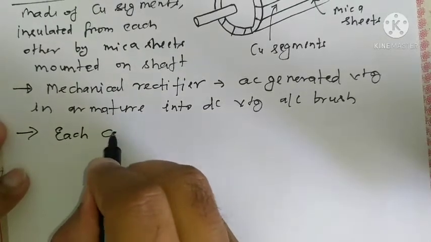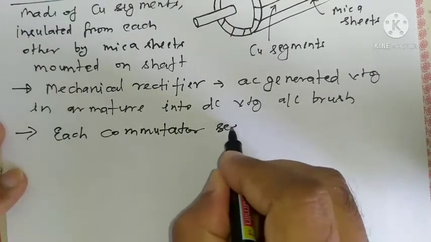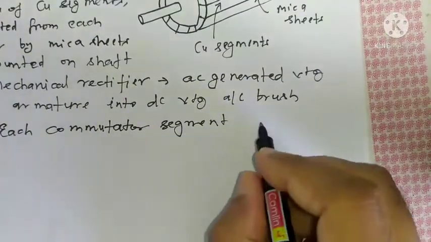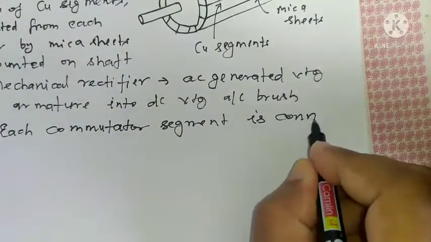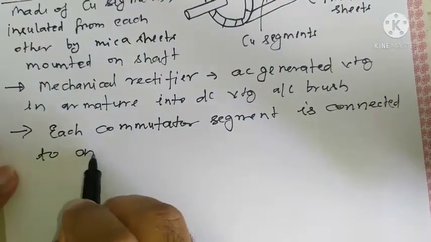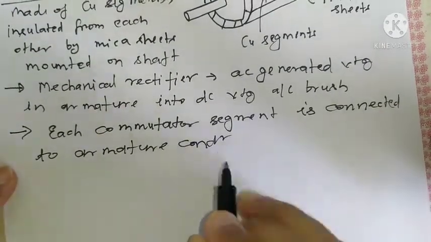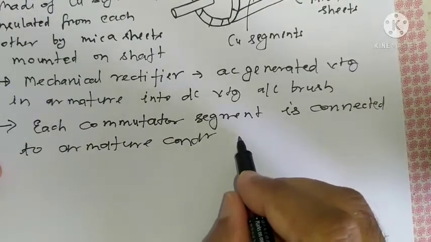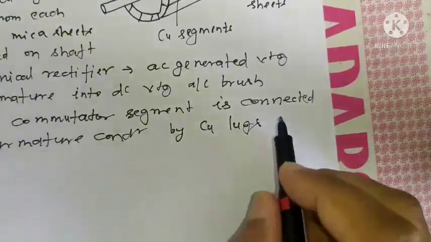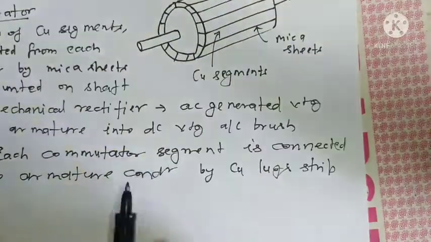Each commutator segment is connected to an armature conductor by copper lugs or strips, or they can be soldered also, right?